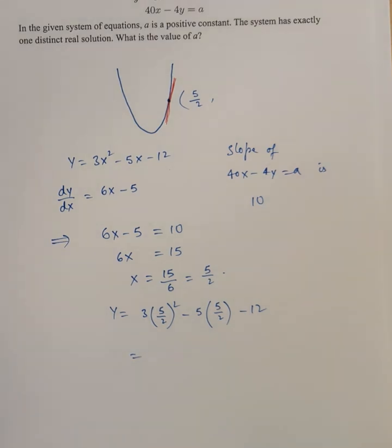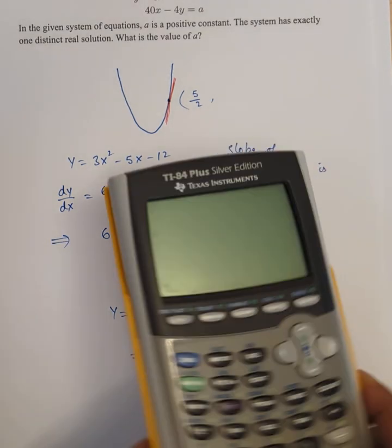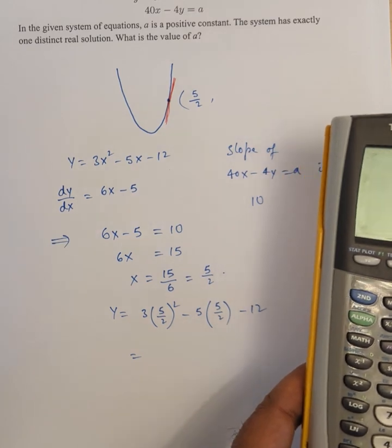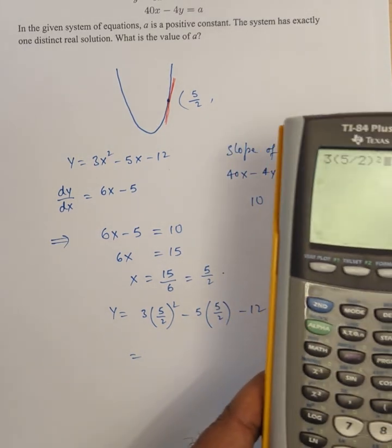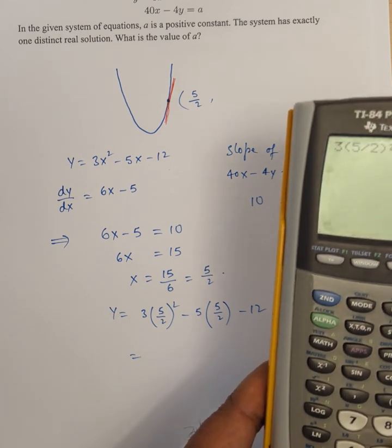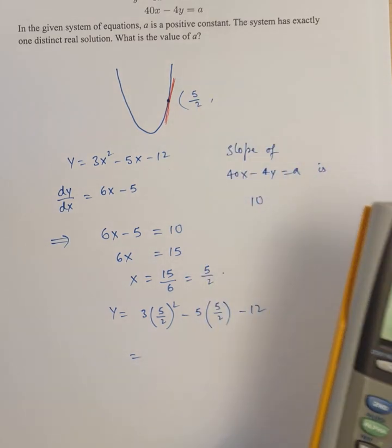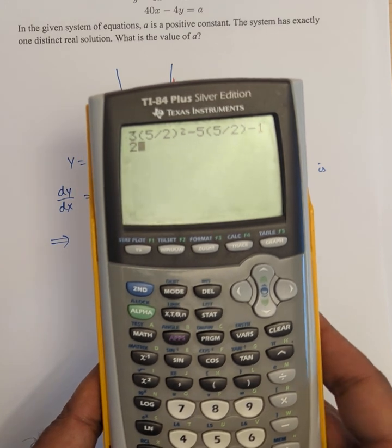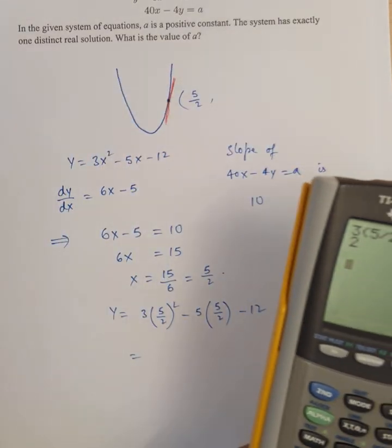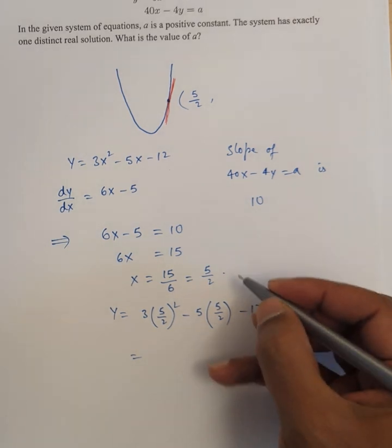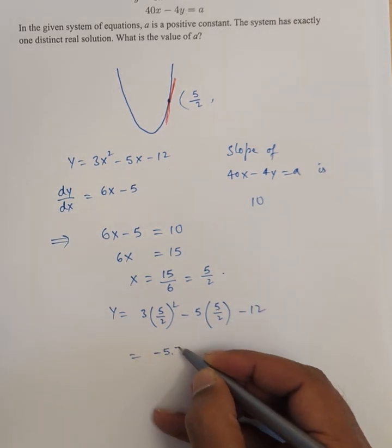And we can use a calculator for this. So let's go ahead and put it in the calculator. 3 times 5 over 2 quantity square minus 5 times 5 over 2 minus 12. Just push enter and it says negative 5.75. I guess we can keep that, negative 5.75.